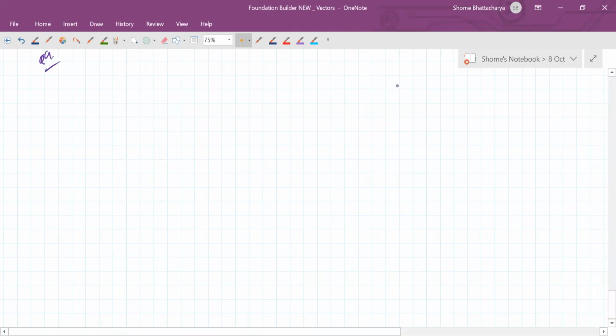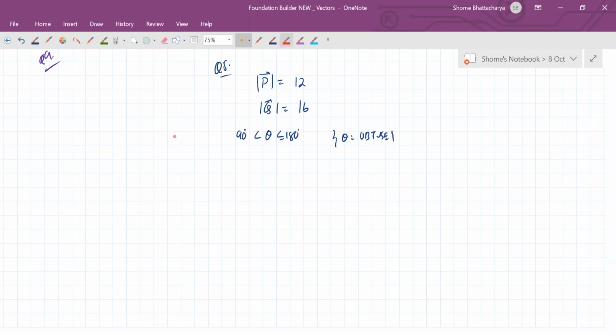Okay, so in fifth question it is given to us that magnitude of the vector p is 12, magnitude of the vector q is 16, and also given to us that theta is greater than 90 because theta is obtuse. Okay, this is the given information.